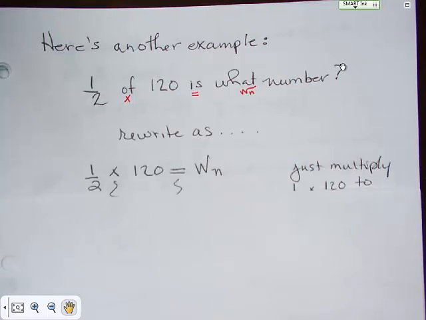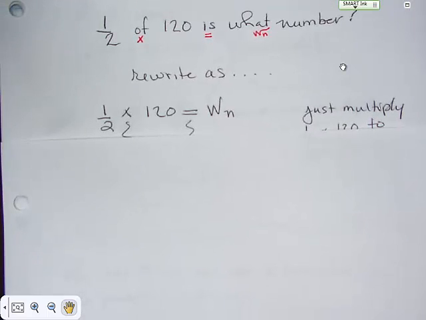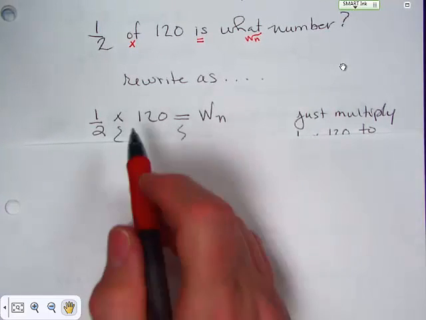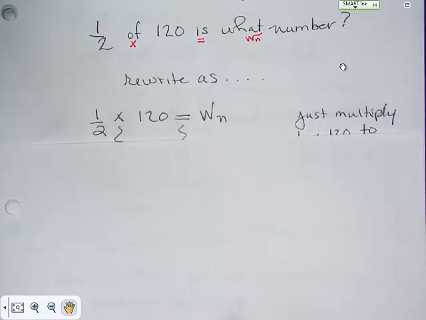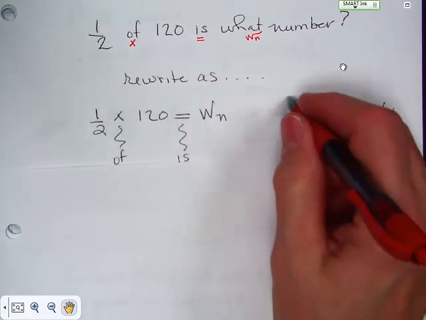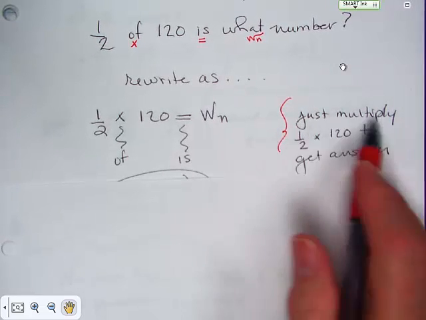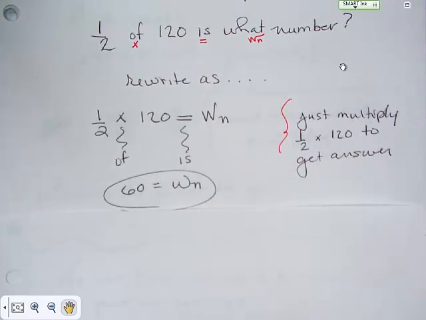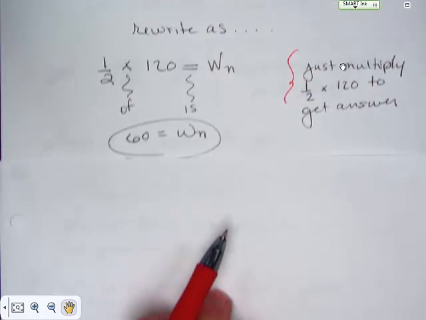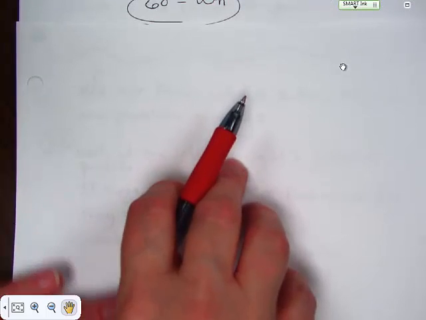So we rewrite it as 1/2 times 120 equals what number, because we don't know the number. Well, the work is over here. We're just going to multiply 1/2 times 120 to get the answer, which is 60. Not too bad, not too hard.